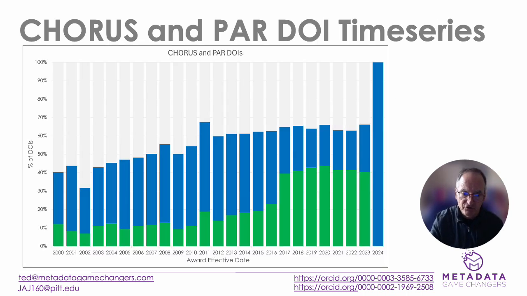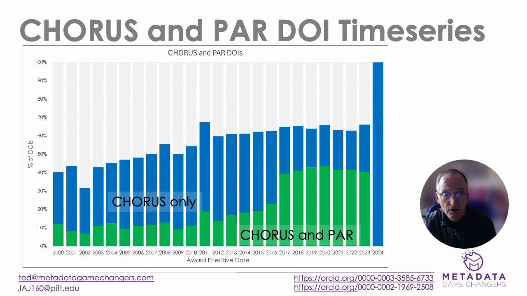So if we look at this as a function of time, this is a stacked bar plot of the percentage of DOIs that were found in various systems, and the blue are chorus only, the green are chorus and par, and then the gray are awards that were awarded but were not included in our sample in this case.